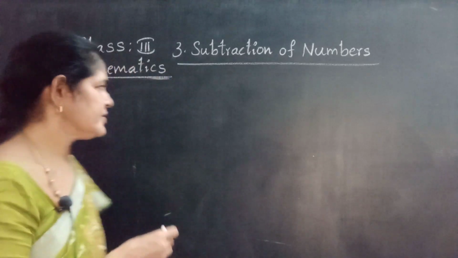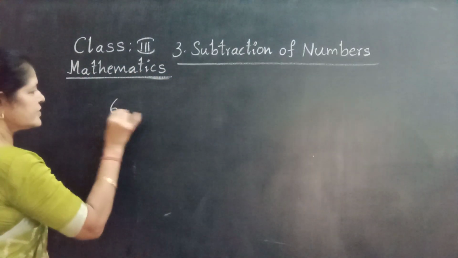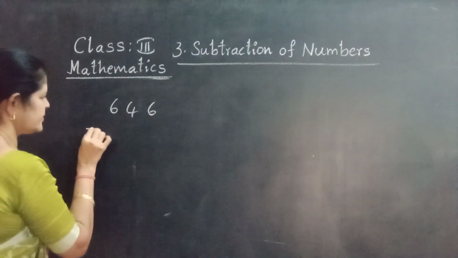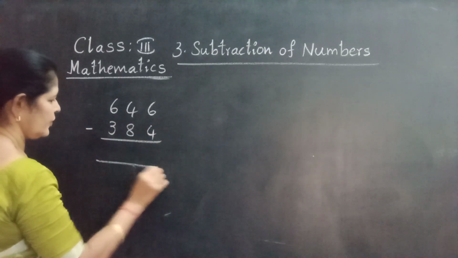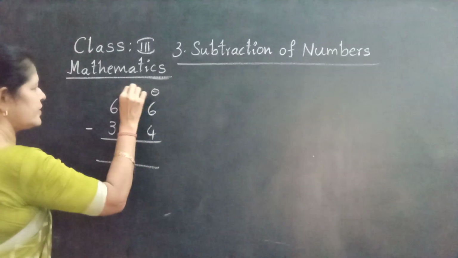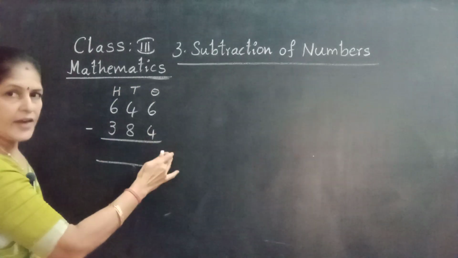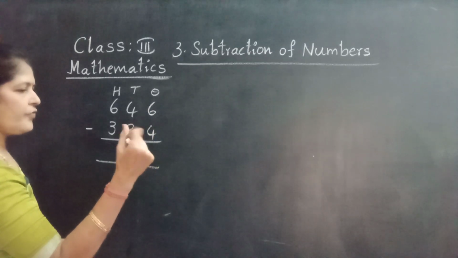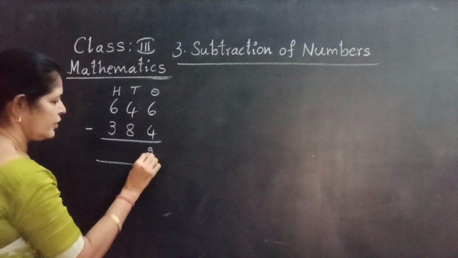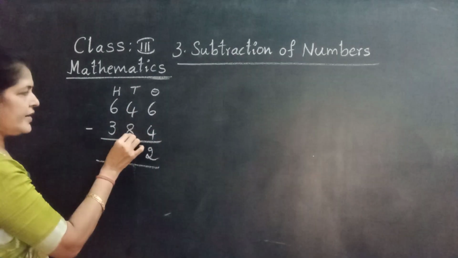Come on, let us see. 646 minus 384. 3-digit number: ones, tens, hundreds. Start from ones. 6 minus 4, close fingers, 4 after 5, 6, 2. 4 minus 8 is not possible.